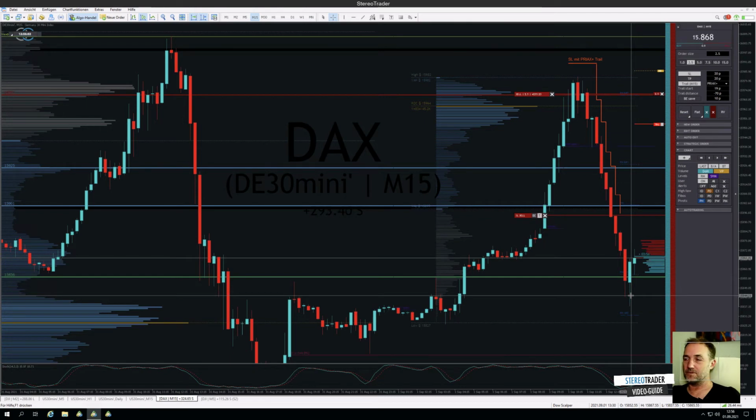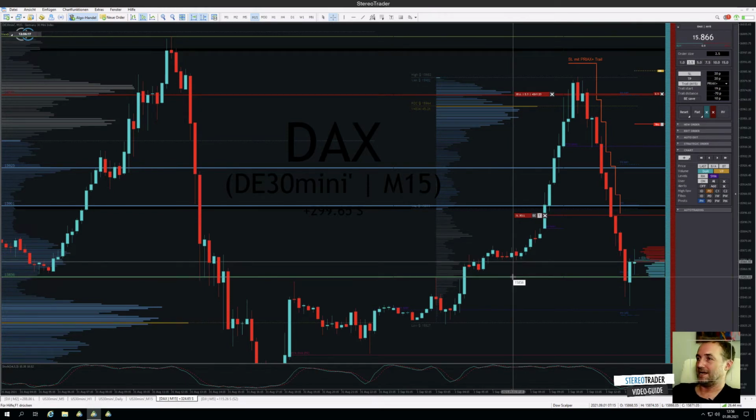The reason was not only that we had the structure here, the reason was also that I was simply not sure if we're going to have a reaction here or there, or if this green level, which I just drew here, will be the low. I can't simply know if this is going to be the low or not.